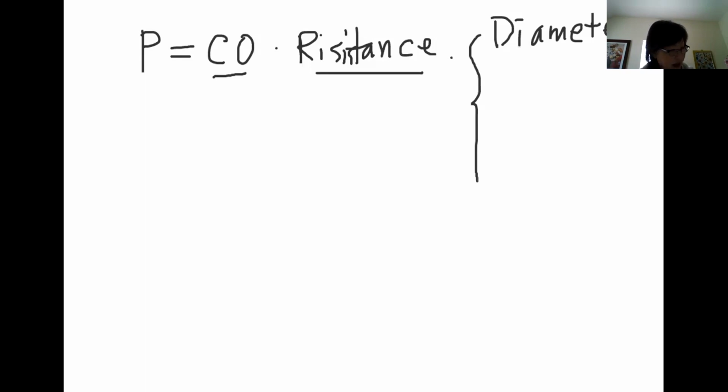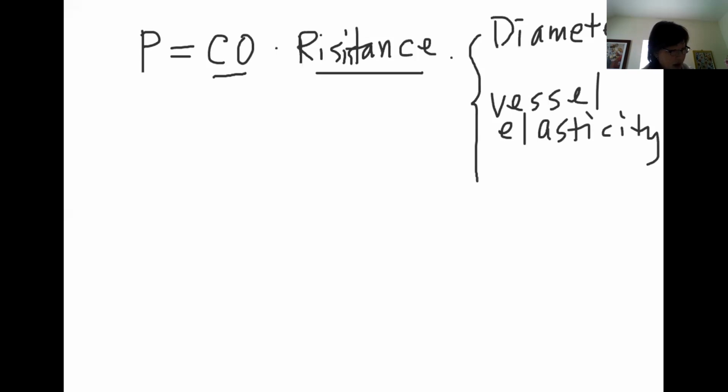And then we have the vessel elasticity changes, which can change the resistance. Okay, let's just look at these two first. All right, first the diameter.